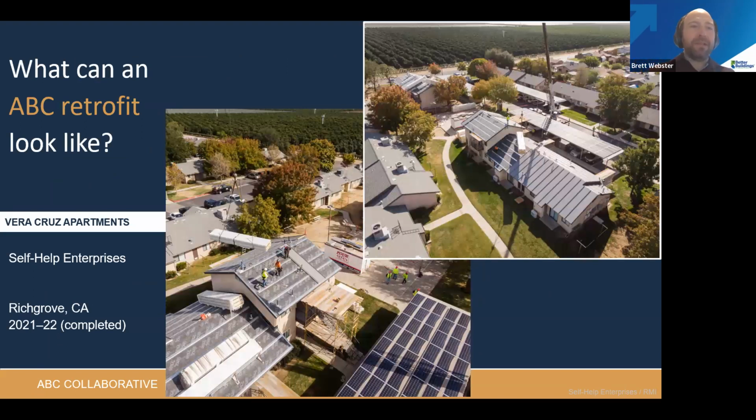So what can an ABC retrofit look like? Just to give a few examples, this is a project in Southern California completed in 2022, the Veracruz apartments, which are low-rise townhouse-style apartments. You can see the existing condition in the upper right photo on the left side. The ABC approach here was to seal up the attics in the apartment buildings and use prefabricated roof panels that came inclusive of a metal roofing layer and insulation that could then be laid on top of the buildings to greatly improve the thermal performance.